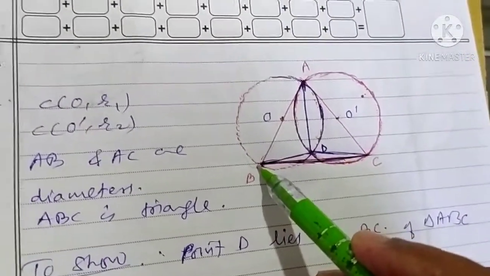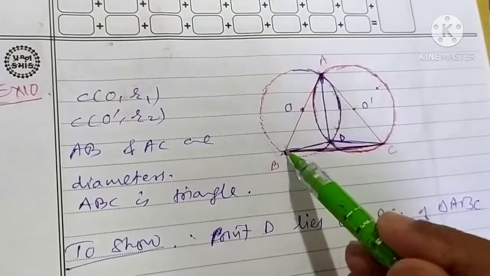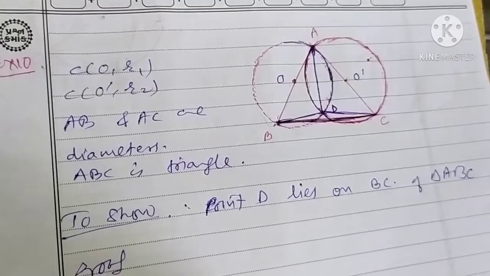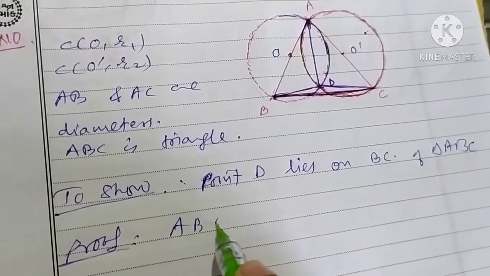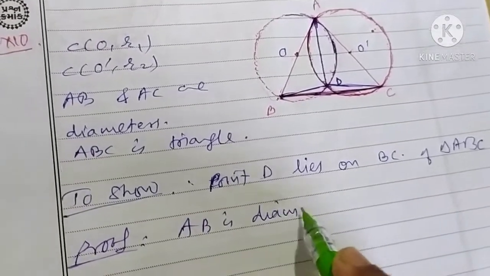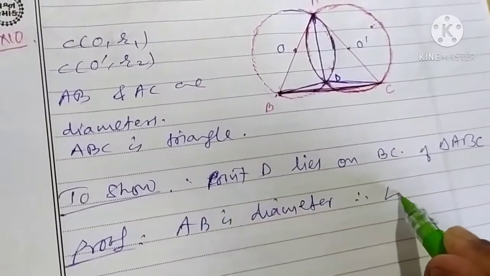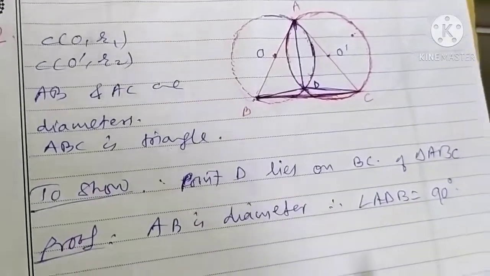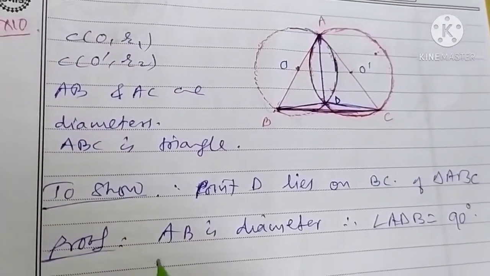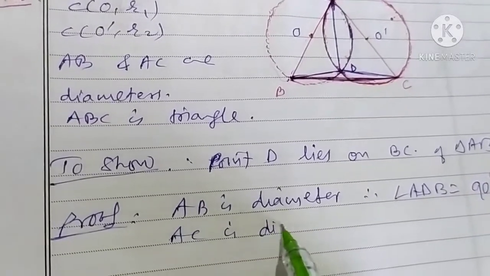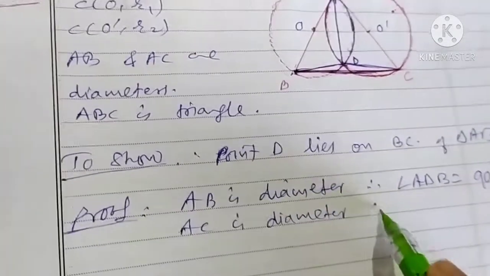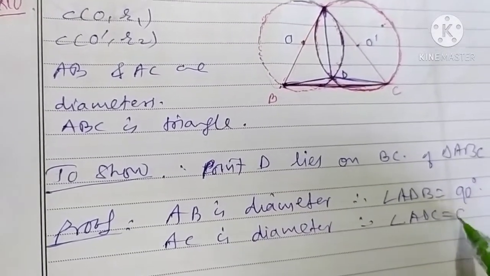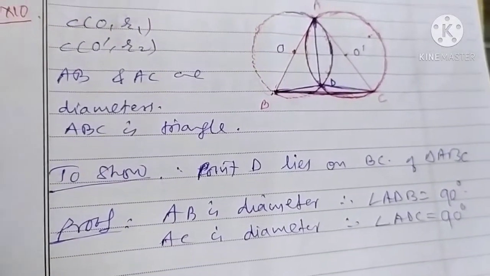Now look here. AB is diameter, so angle ADB must be 90 degrees. Yes or no? So we can write the proof. AB is diameter, therefore angle ADB equals 90 degrees. Again, AC is diameter, therefore angle ADC equals 90 degrees.